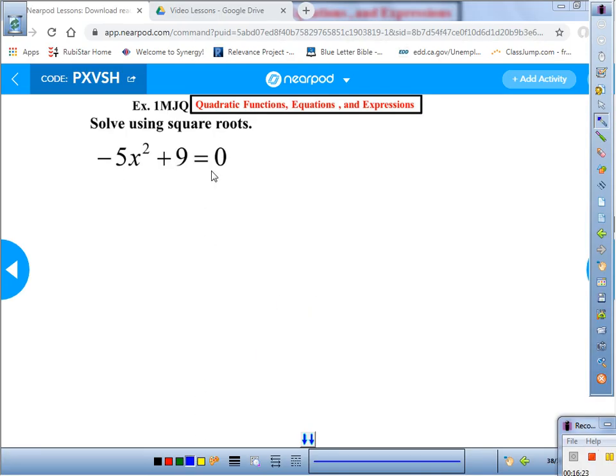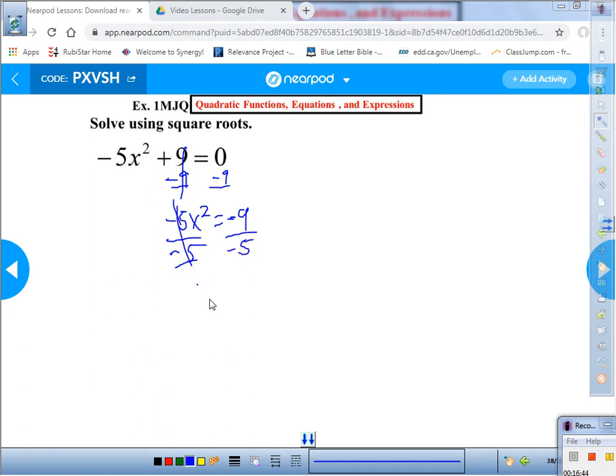It's already equal to 0, yes? All right. So, isolate the variable. So, minus 9, negative 5x squared equals negative 9. Good looking out, Colton. Divide by negative 5, divide by negative 5. X squared equals 9 over 5. Next, square root.